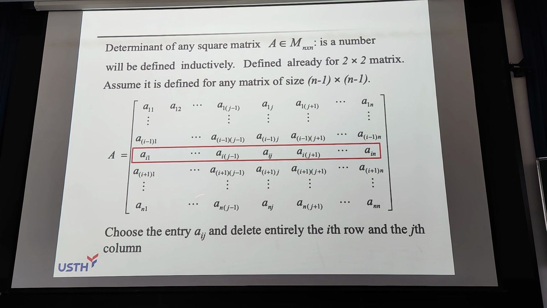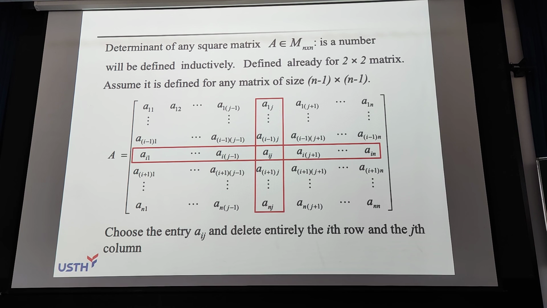Then we delete entirely the i-th row, that is the row containing a_ij, and then we delete entirely the j-th column. We delete that.